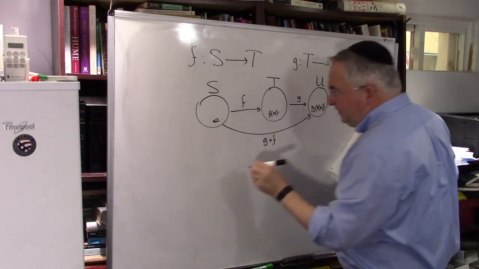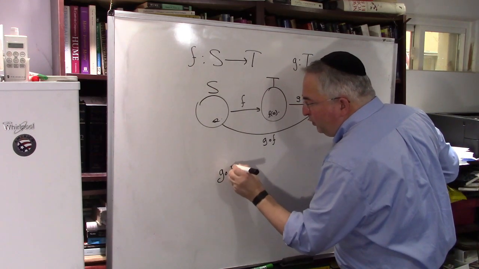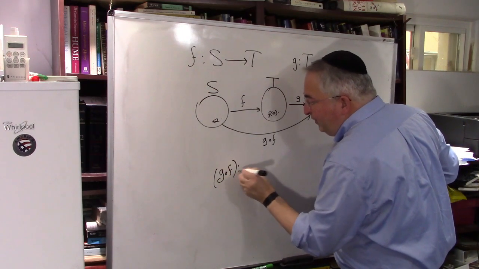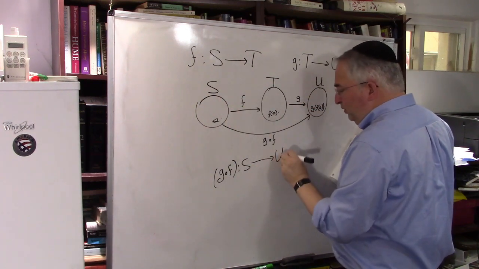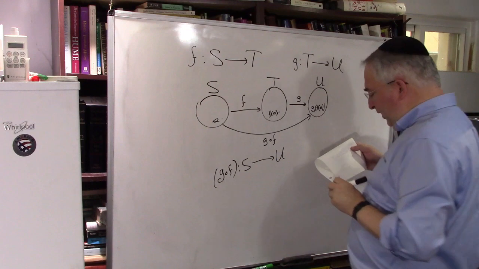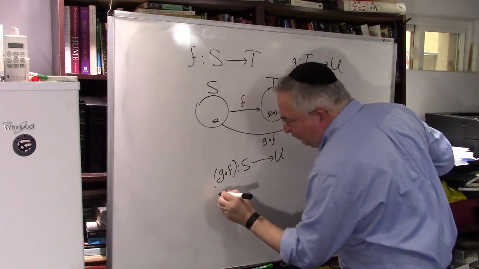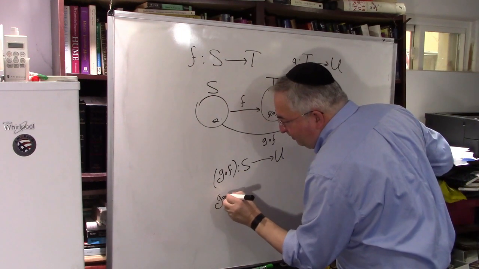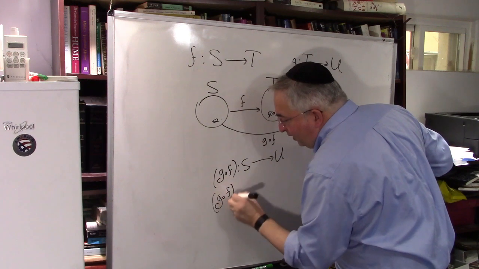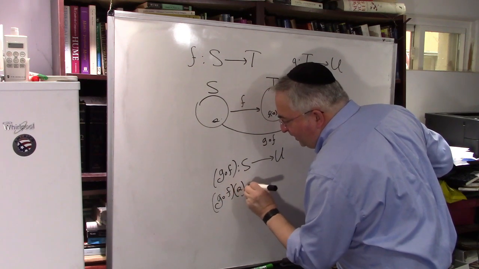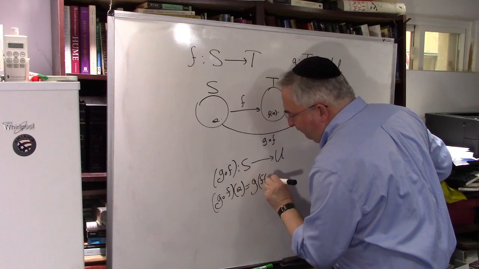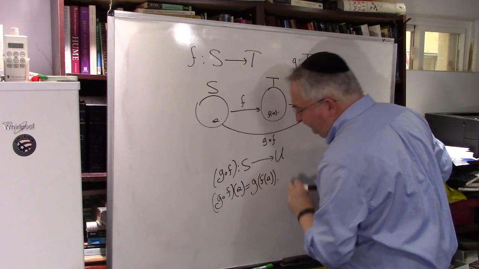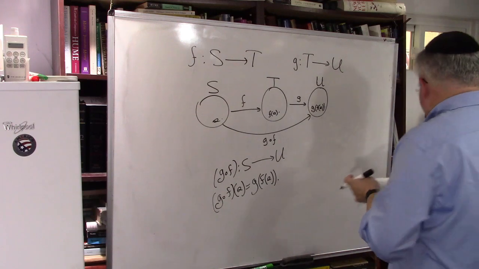Okay, let's be exact. G composed f is a function, and it goes from S to U. Now I can describe how it's defined. G composed f on a little element s is equal to G of f of s.